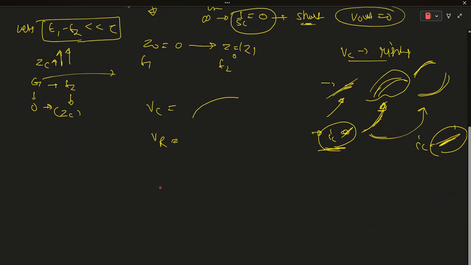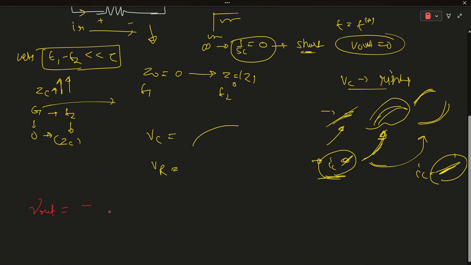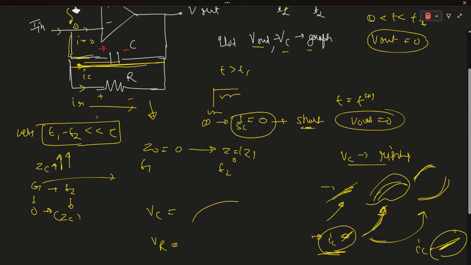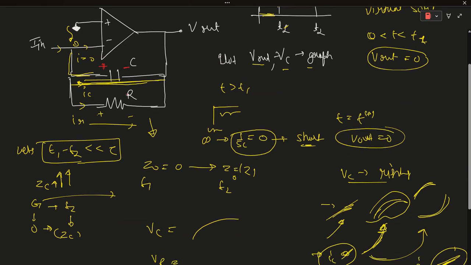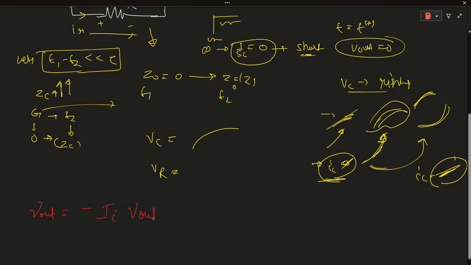So the output voltage Vout is dependent on this: if this is the plus side and this is the minus side, then Vout is negative, which is the negative of IC. We can say IC is achieved by the current distribution of this I in. So IC has some relationship between the I in and IC into V out.